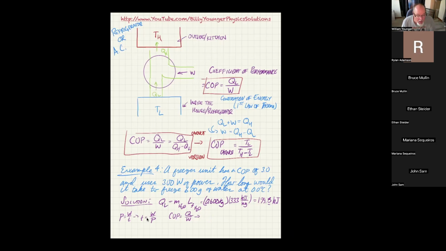So I know the W, so that's okay. And what I'm going to say is the actual W is equal to QL over COP. That will allow me to take into account the efficiency of the actual freezer unit that I have, because dividing the QL by COP tells me what fraction of it actually becomes work.